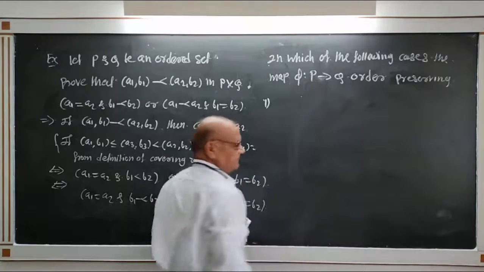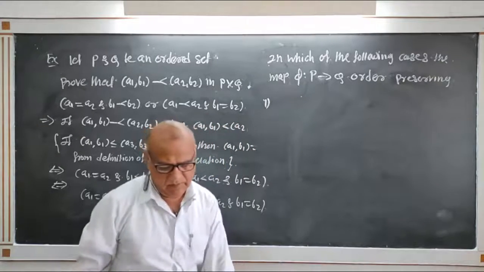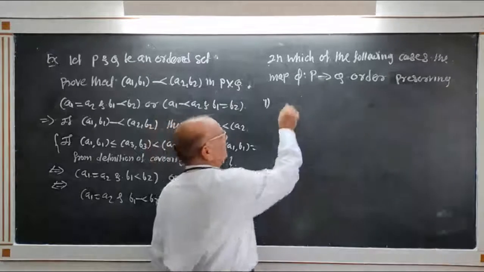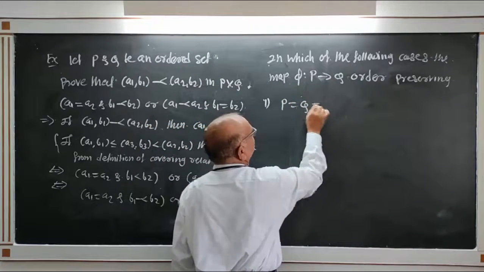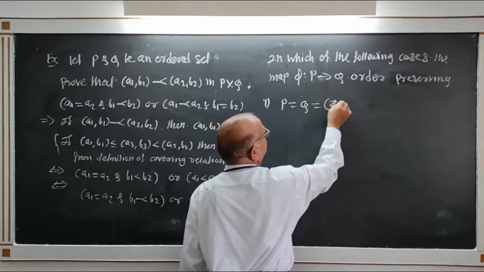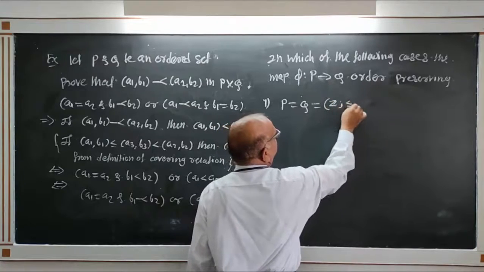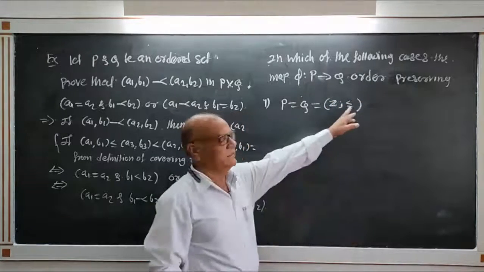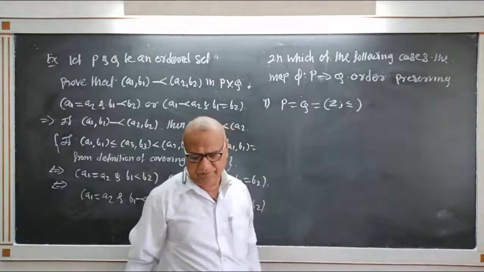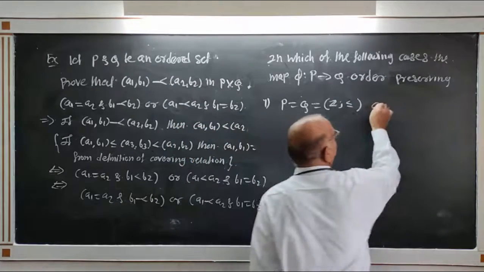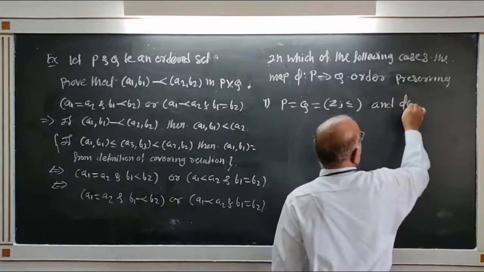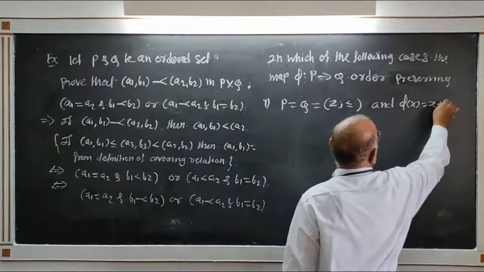First, P is equal to Q is equal to Z, with the usual less than or equal to relation, and phi of x is equal to x plus 1.